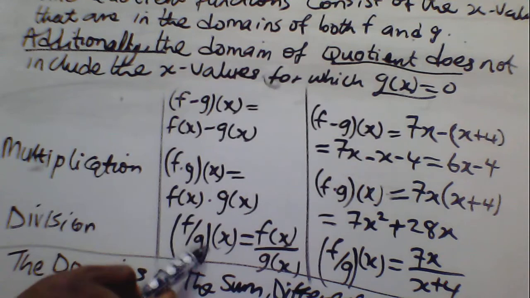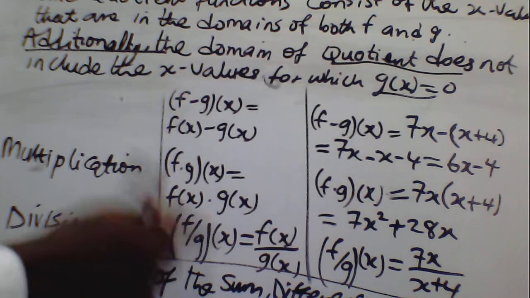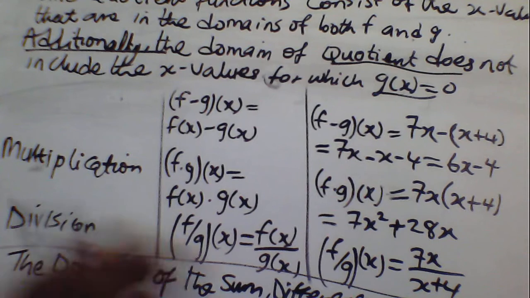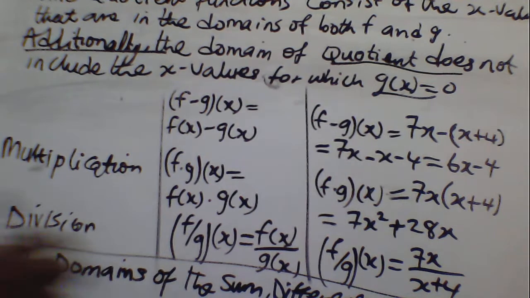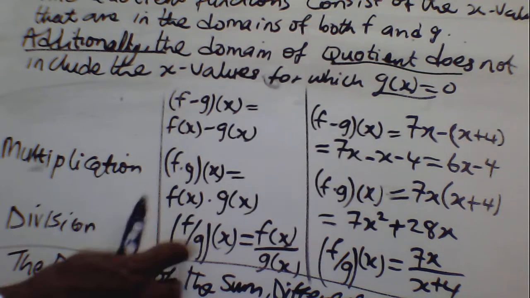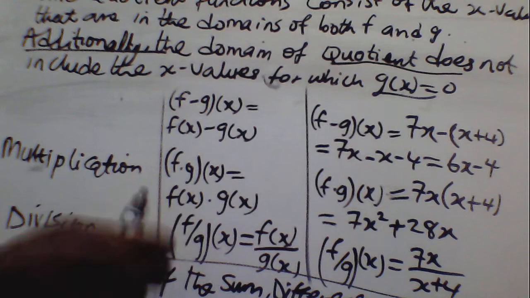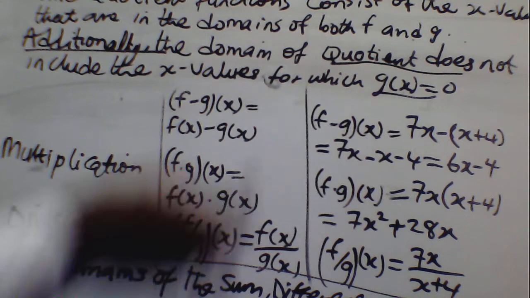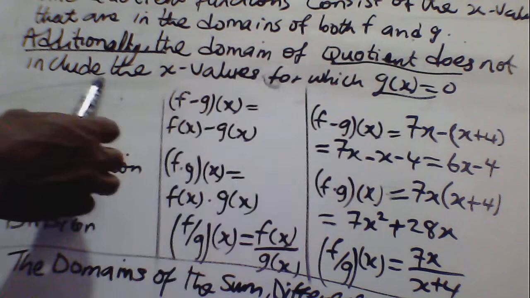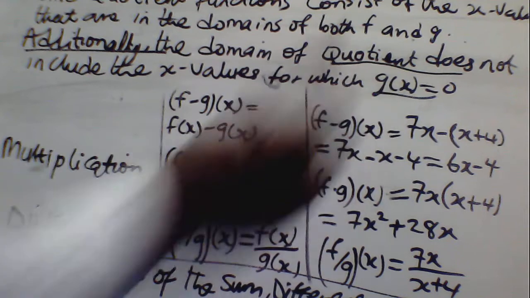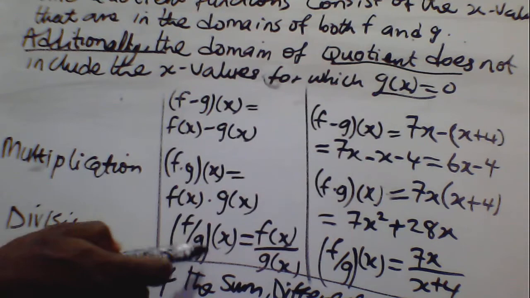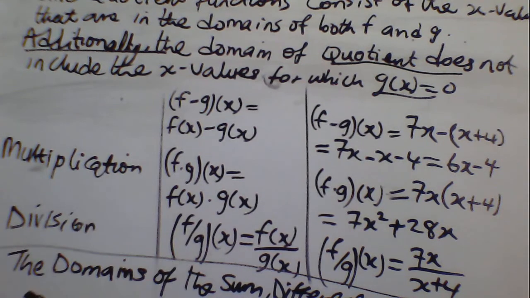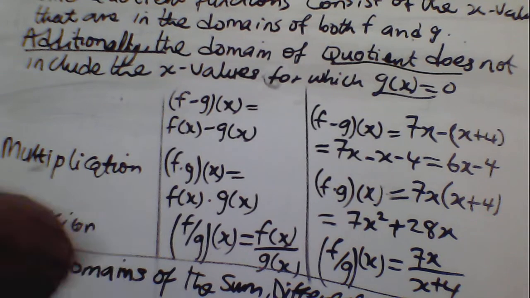If you include values of x that will make this function undefined, then there is no need for going for division operation. So we have to remove that value of x that will make this function undefined. That's what this means. Because if g of x is equal to 0, this function will be undefined. So that value of x that will make it equal to 0 is not included.